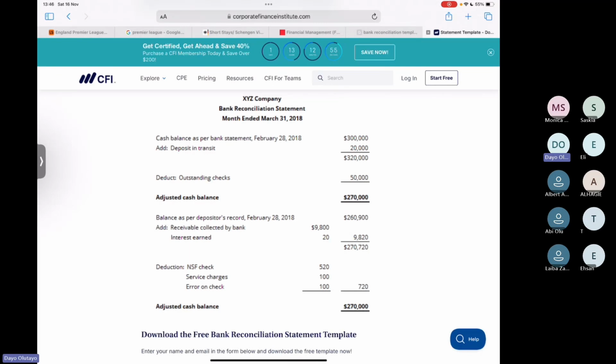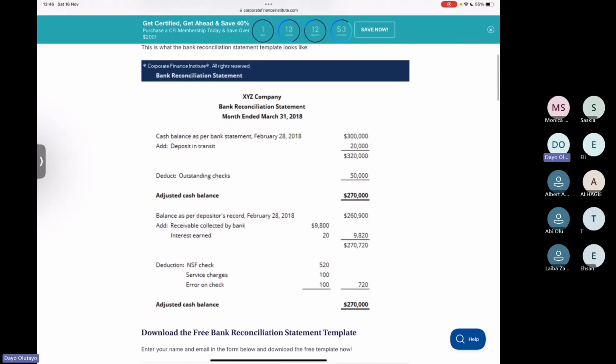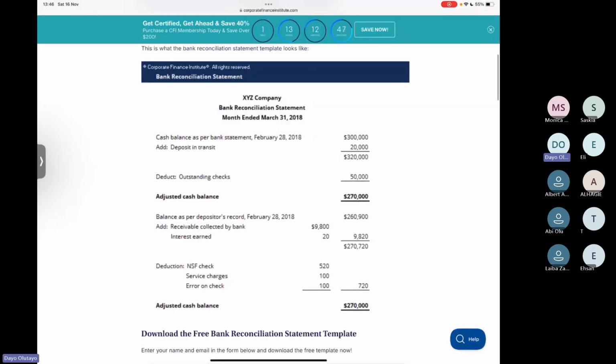See where they're starting from. Cash balance as per bank statement. This 300, you need to check it with the bank statement. Now, is it truly 300? That is the procedure I'm writing. We need to check it because they're starting with the balance per bank statement.